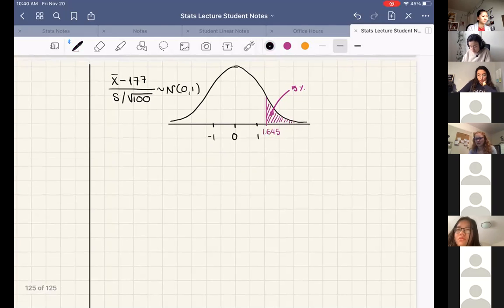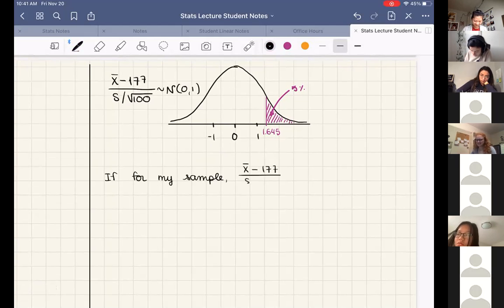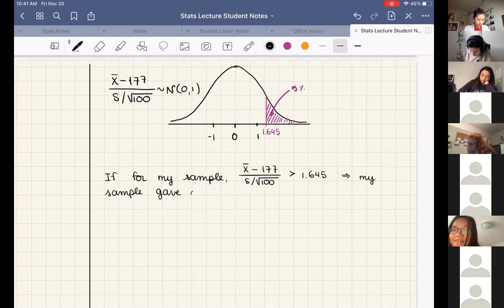Okay? So that means if for my sample, (x bar minus 177) divided by (s over square root of 100) is strictly larger than 1.645, then that would mean that my sample gave me a result in the extreme 5%.